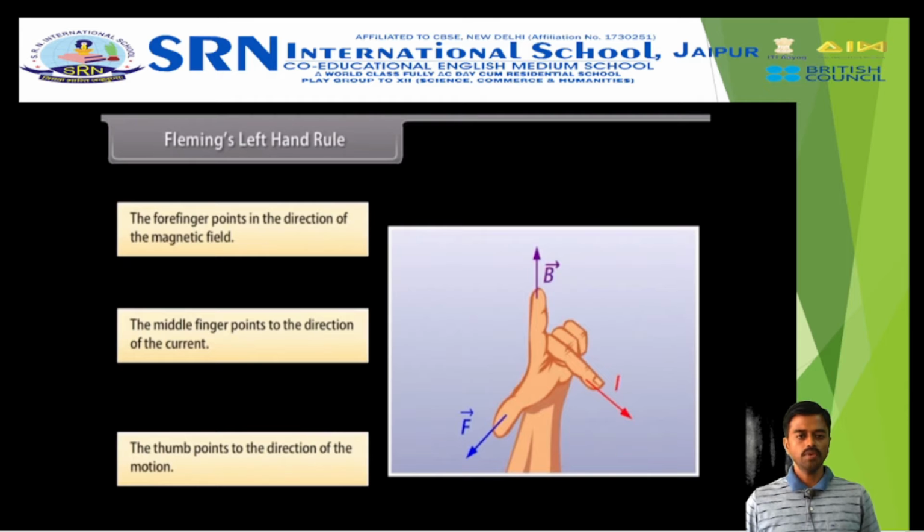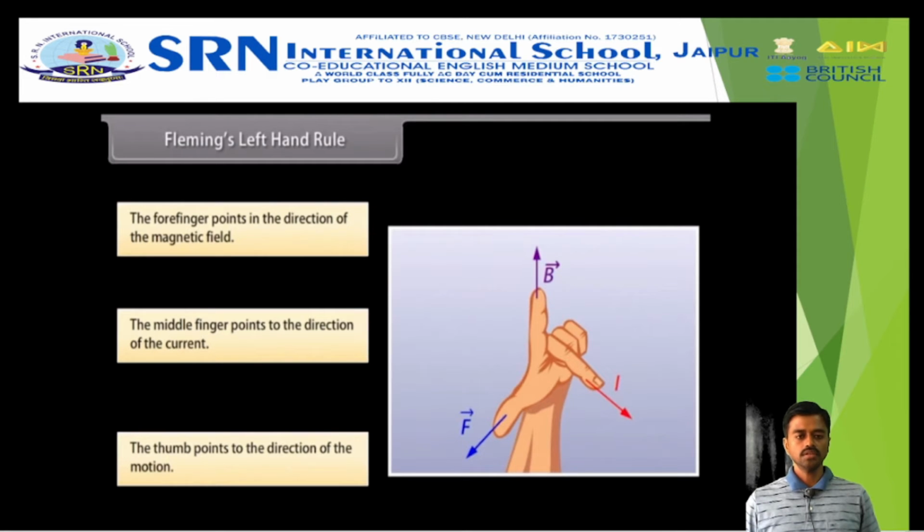Now we will apply Fleming's left hand rule to know the direction of magnetic field, current and force. So the forefinger will give you the direction of magnetic field. The middle finger will give the direction of current and the thumb will give you the direction of motion.